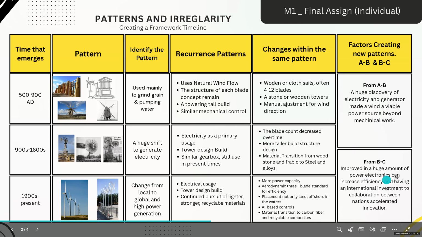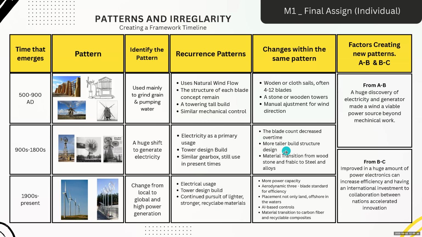In short, wind turbines evolved from simple local machines to a complex global power source, which is pretty cool. Their history is one of recurring principles, and the bold shift between the 900s and the 18th century was a huge one. That was amazing.